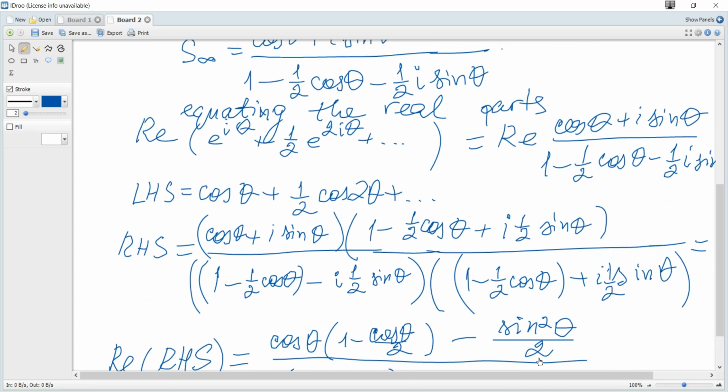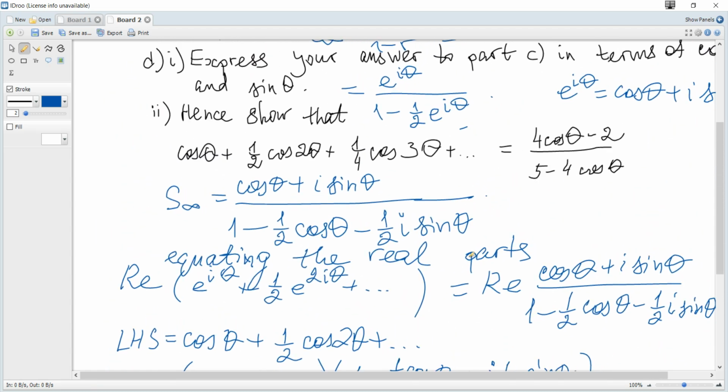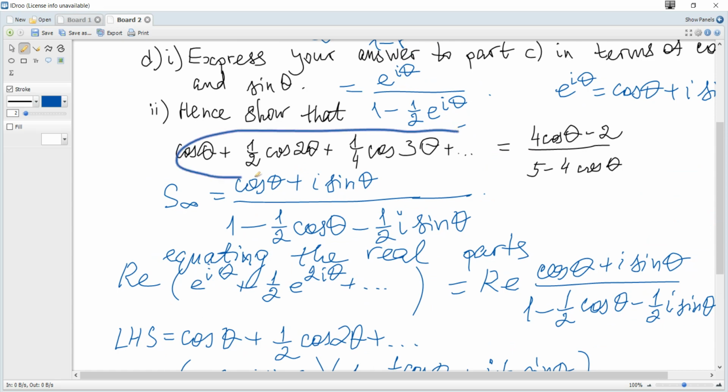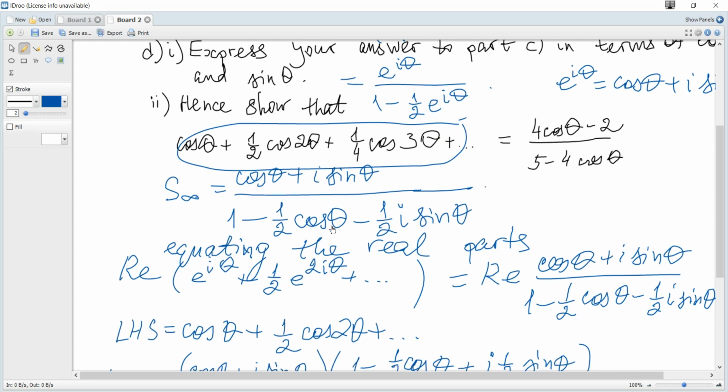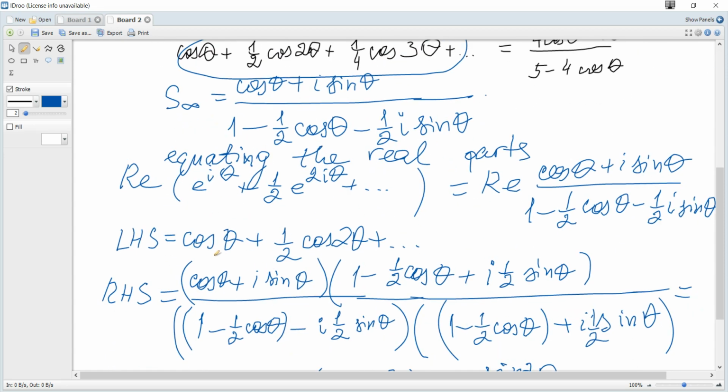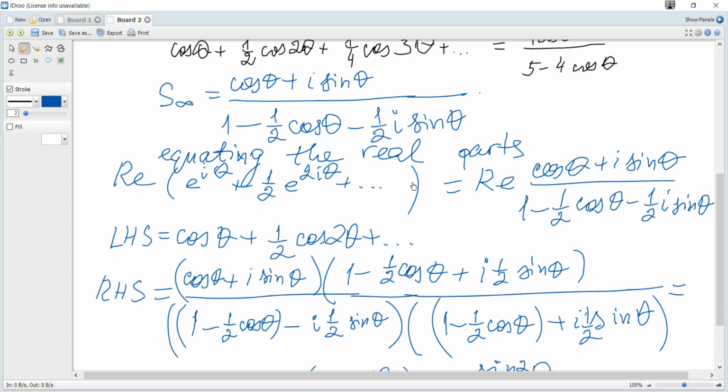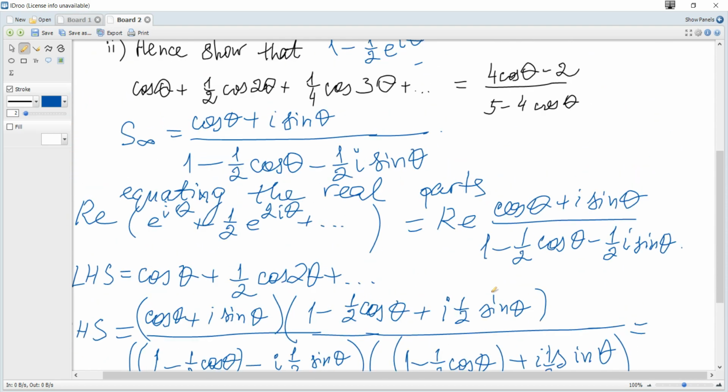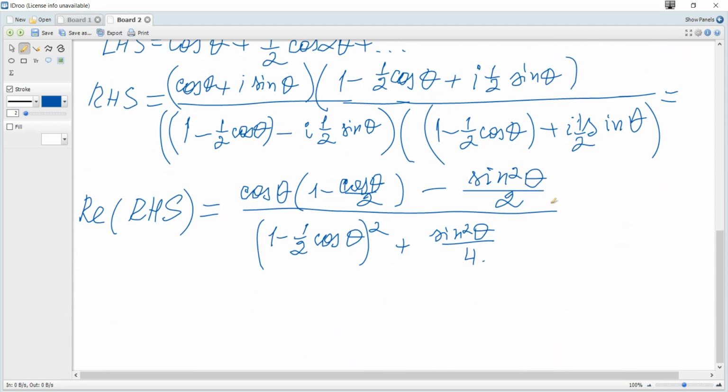And actually what we need on the left hand side is directly this, so we need to show that this is 4 cosine θ minus 2 over 5 minus 4 cosine θ, so we need to simplify it.